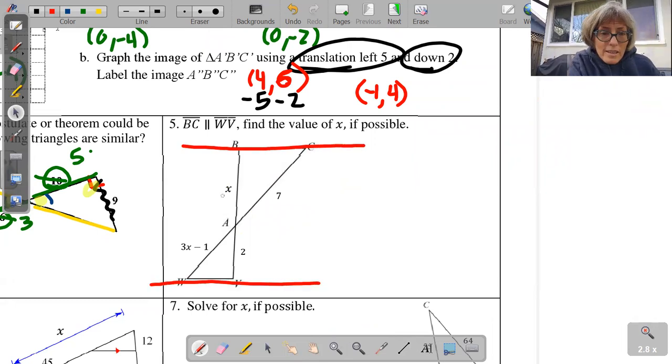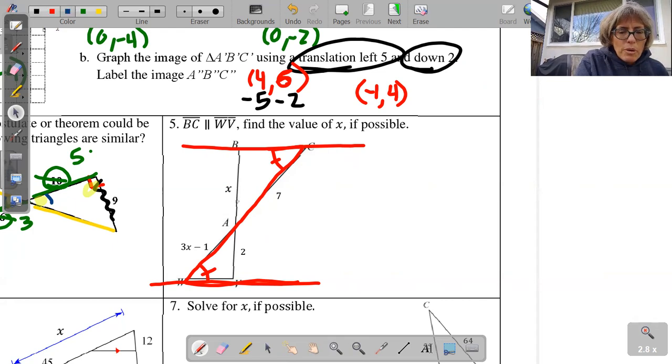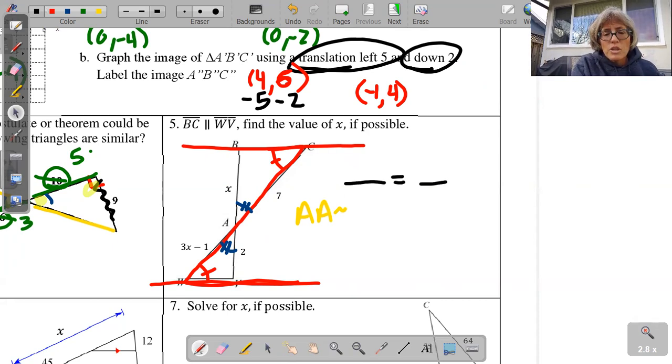We're told that BC and WV are parallel, which means you have a pair of alternate interior angles. I call that armpits of the Z. You also have a pair of vertical angles. So first off, I know these are similar by angle-angle similarity. Once you establish similarity, you do what's called match and mirror.